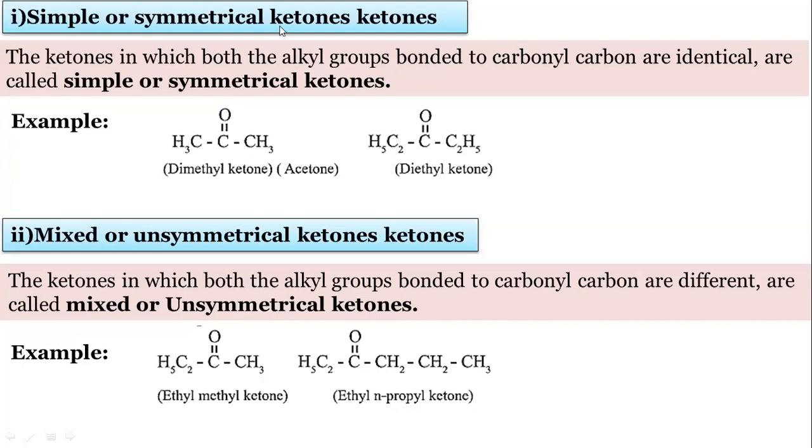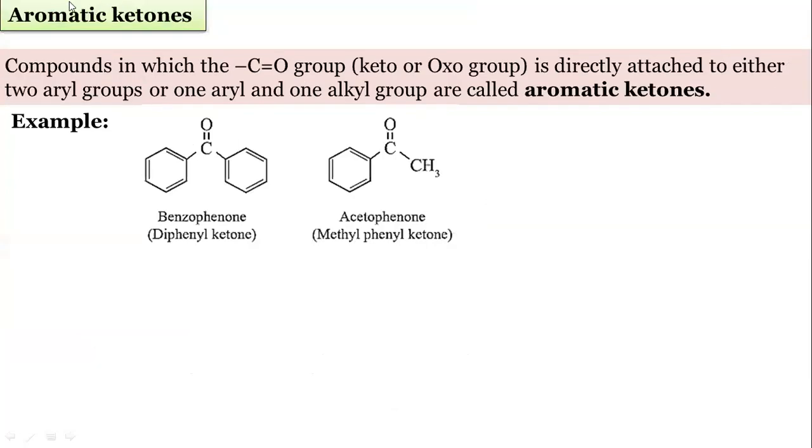So remember, this is the classification of ketones on the basis of R groups. Now, aromatic ketones. As the name itself suggests, aromatic ketones are the ketones in which the CO group is attached to the aromatic ring. See, both the groups are benzene rings.